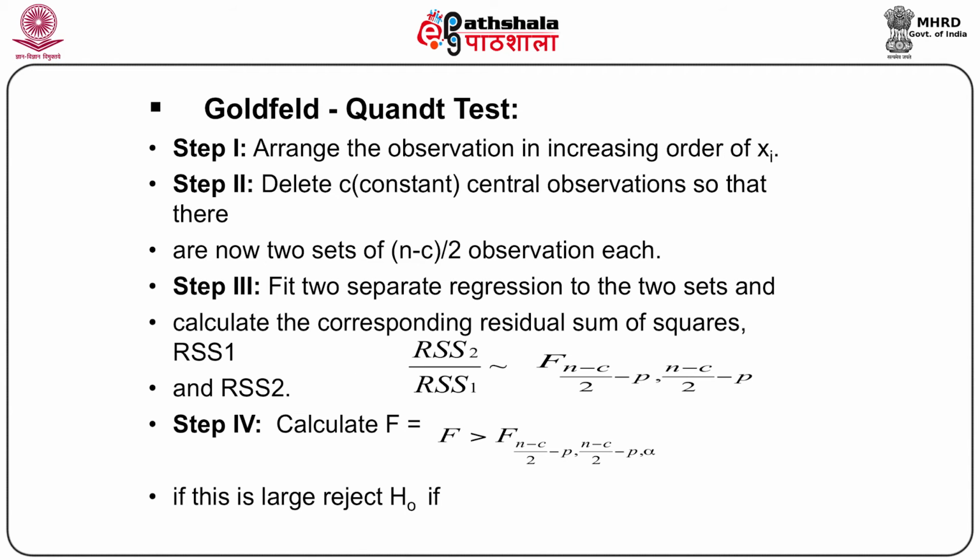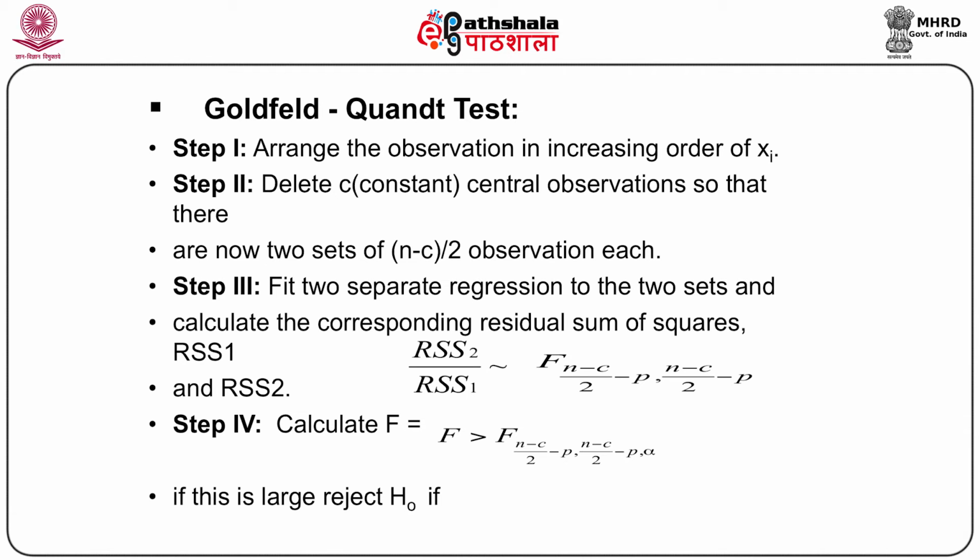Let me walk you through the steps involved in performing the Goldfeld-Quandt test. In the first step, we arrange the observations in increasing order of x i's, or in increasing order of the explanatory variable. In the second step, we delete C central observations so that there are now two sets of (n minus C) over 2 observations each.